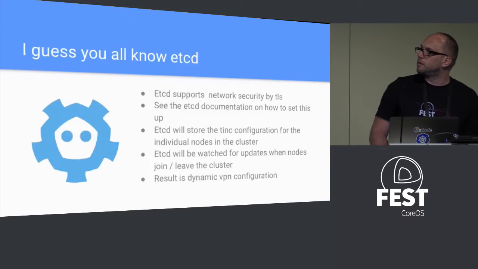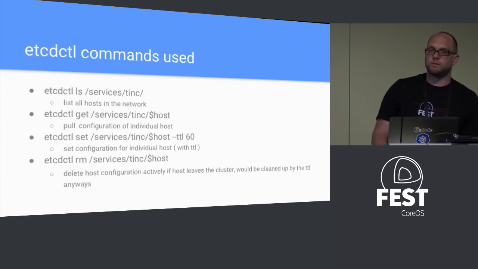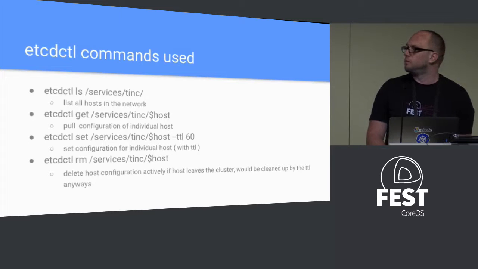There are a lot of handy commands provided with etcdctl. I would use the namespace services tinc, and in there is a configuration file for every host in the network. You can get the configuration file, which is basically the public key and so on, from etcd. You can write the configuration to etcd, which I do with a time to live.